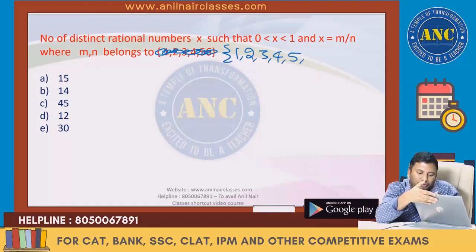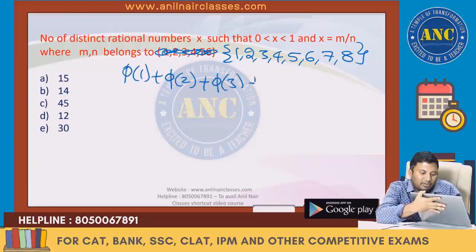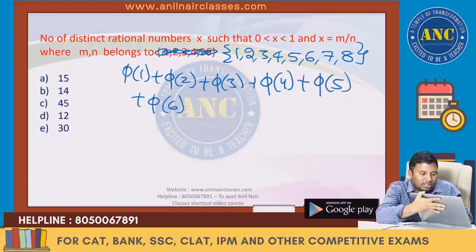1, 2, 3, 4, 5, 6, 7, 8. If there are 8, the answer is totient of 1, totient of 2, totient of 3, totient of 4, totient of 5, totient of 6, totient of 7, totient of 8. What is the important key point?